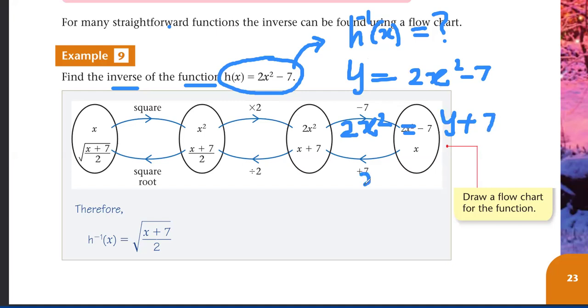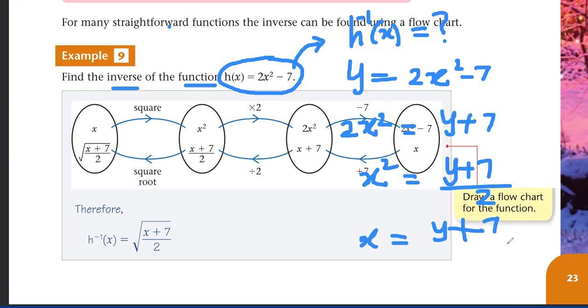Then x squared equals (y plus 7) over 2. Then x equals square root of (y plus 7) over 2. Then we have to change variables now. We want to write y instead of x.